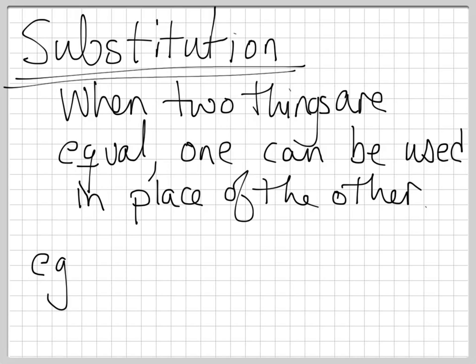So for example, if you have x equals y plus 3, and then you have another equation involving x, for example, y equals x squared. Anytime you see x, like here, we can replace it with y plus 3 here.